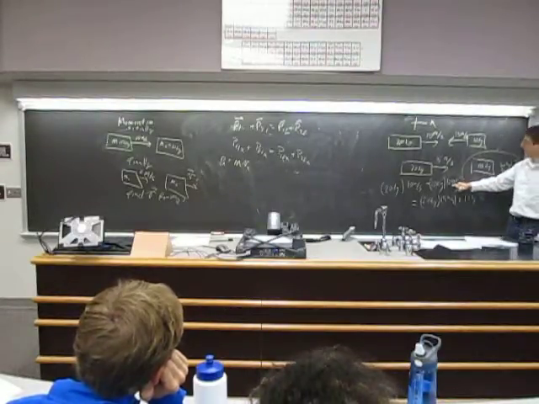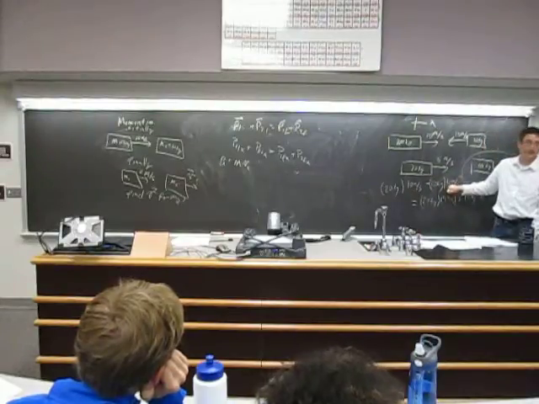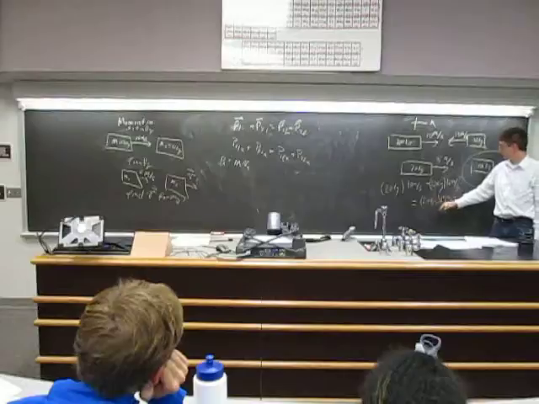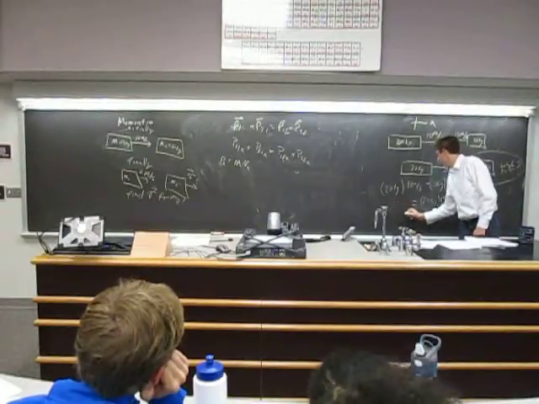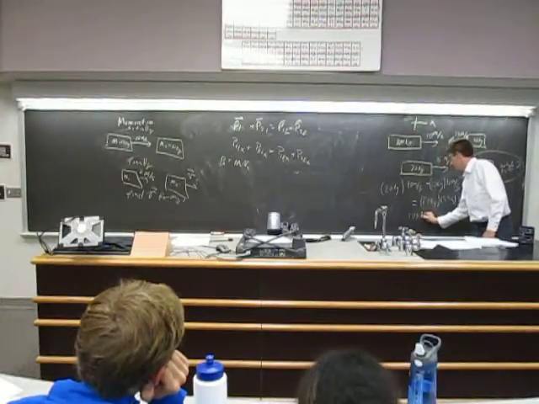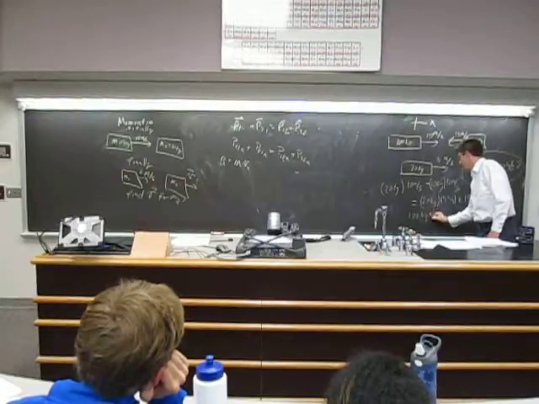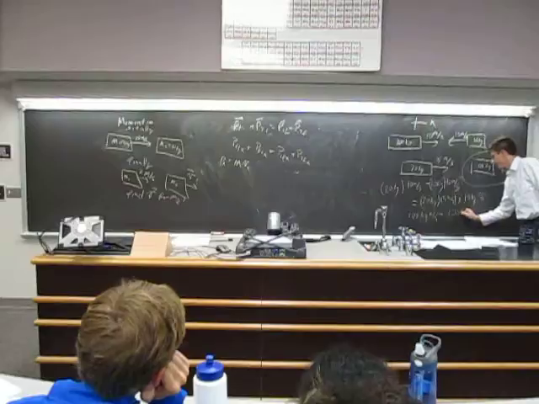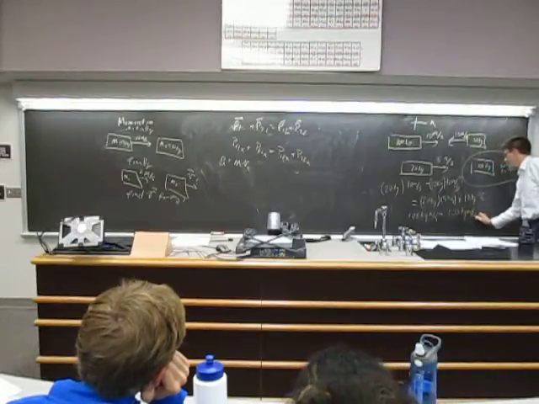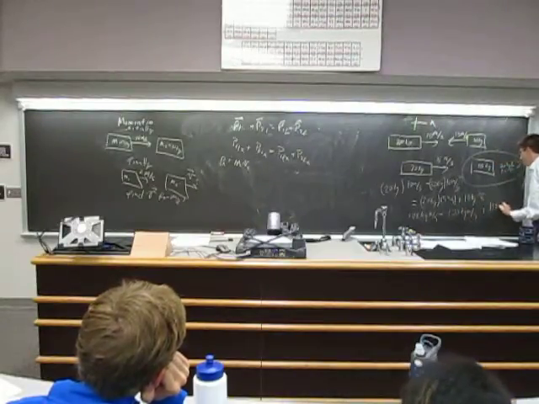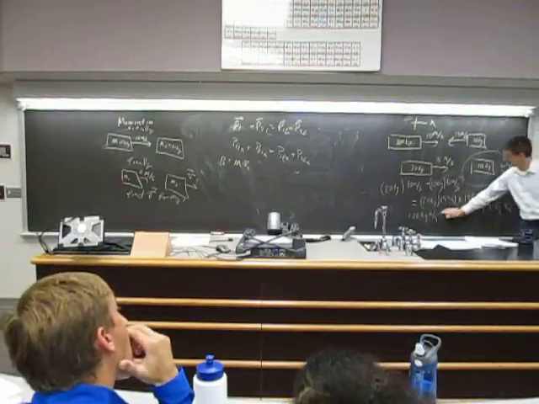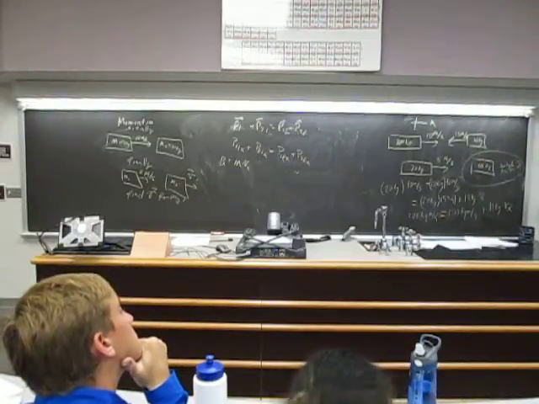Now this is 200 minus 100 kilogram meters per second, so that's 100 kilogram meters per second, equal to 100 kilogram meters per second plus 10 kilograms times Vx.